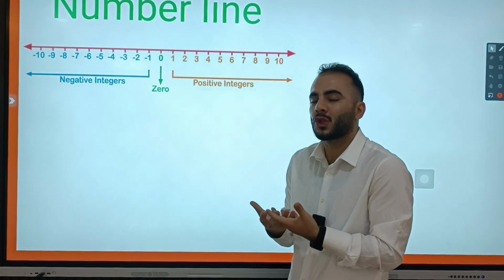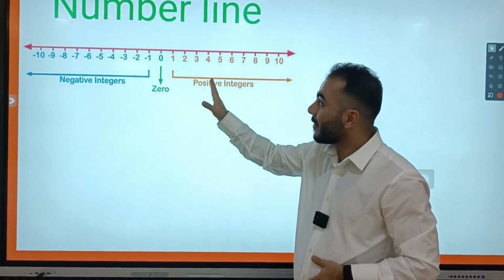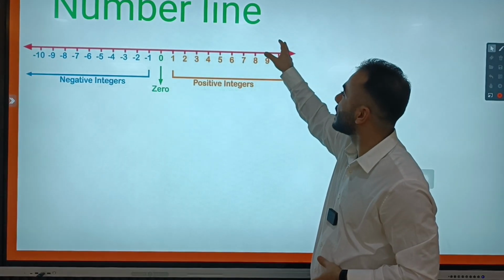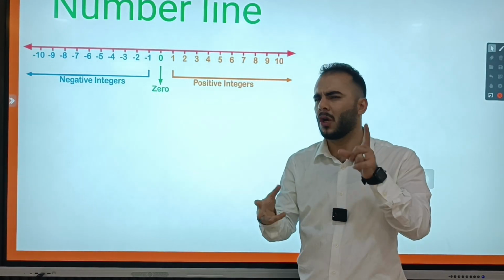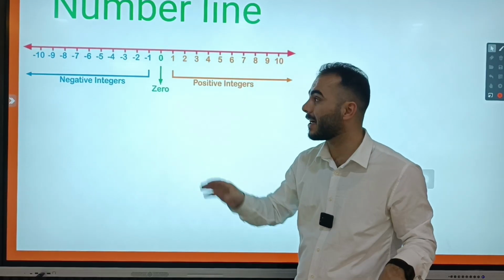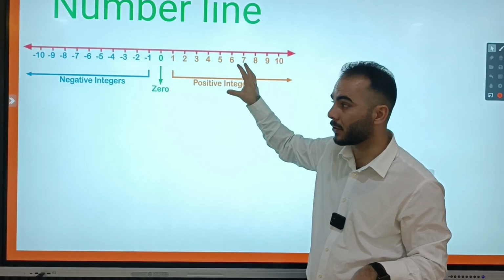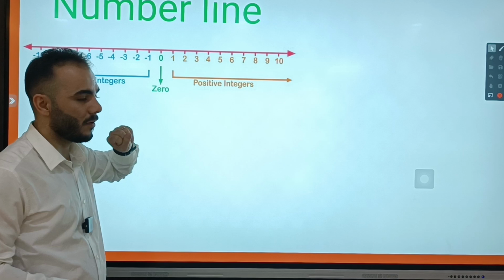So it means 0 is located exactly at the middle of the line. The right side of 0 represents the positive numbers, positive integers, positive decimals, or positive fractions. So generally we can say that the right side will show the positive rational numbers. The left side will show negative rational numbers.